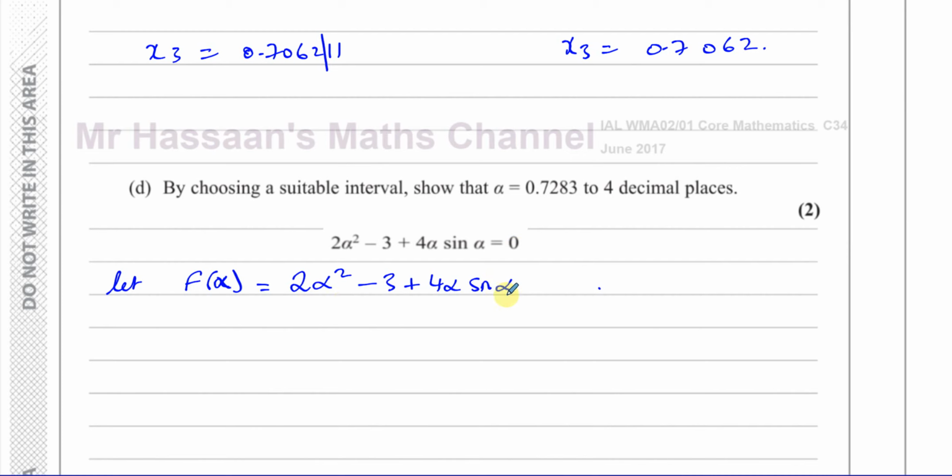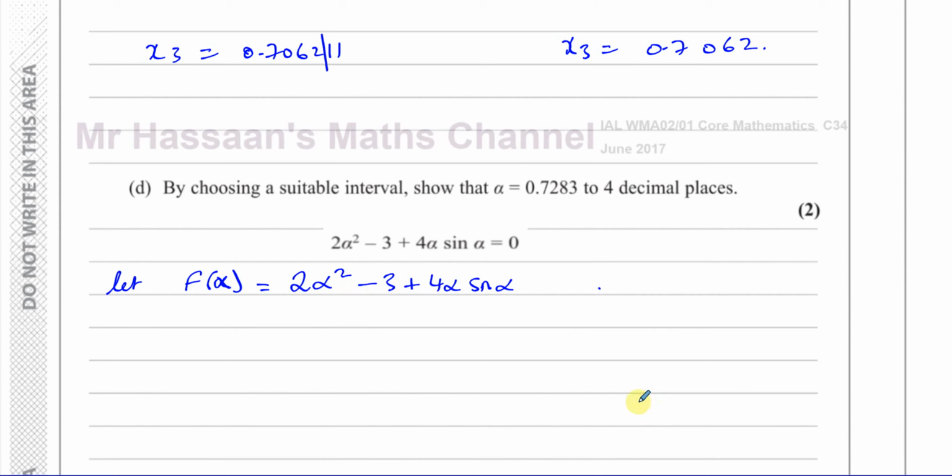This is the equation that we're trying to find the solution for. We want to show that alpha equals 0.7283 to 4 decimal places is the solution, that any number that rounds to this number when you round it to 4 decimal places will be a solution to this equation.